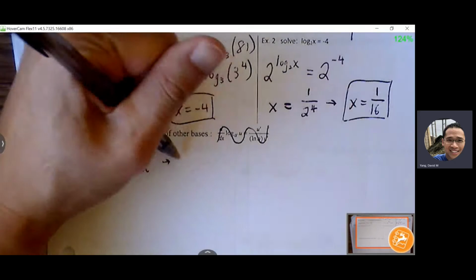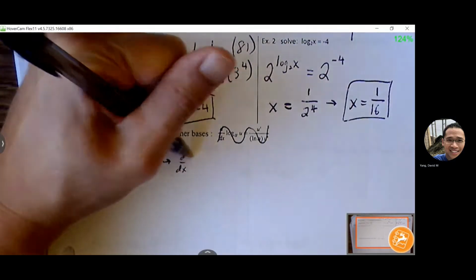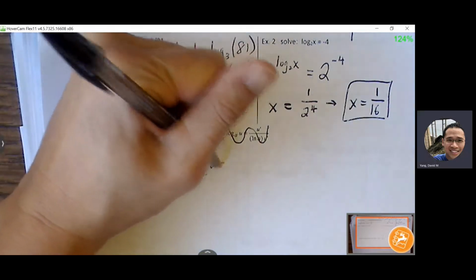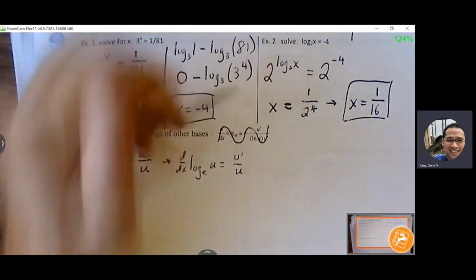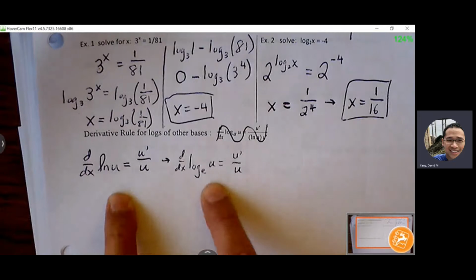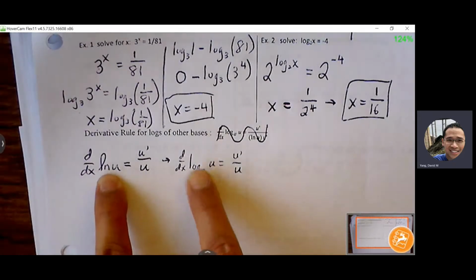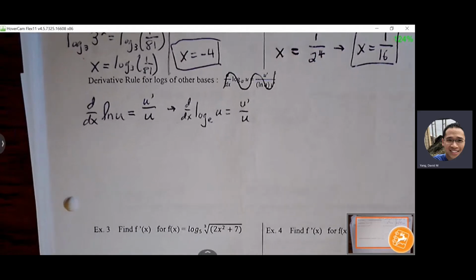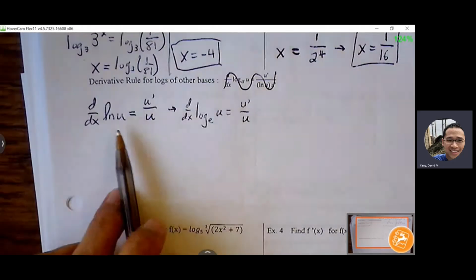That natural log we know is just base e. We say ln instead of log base e. We use it so often, it just makes it easier to write it in shorthand form. So we know this rule, right?